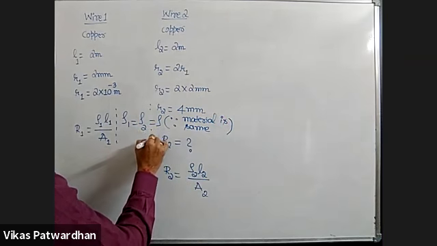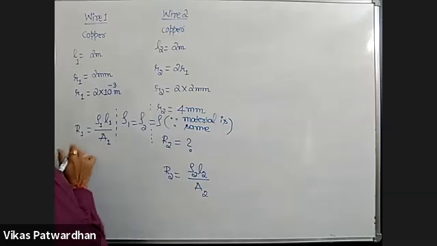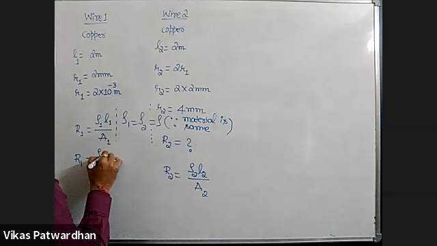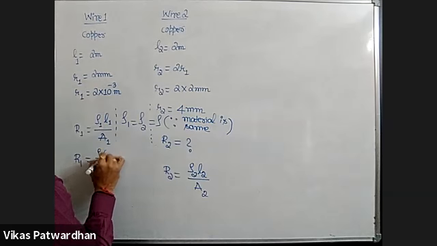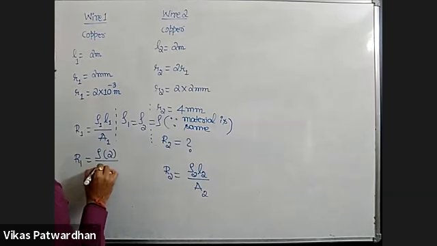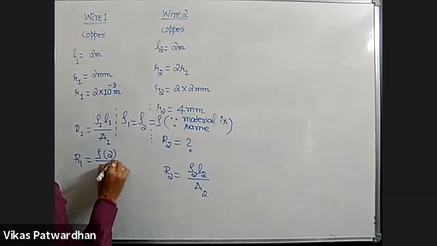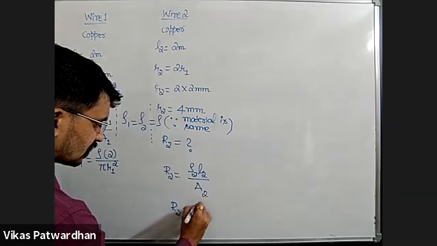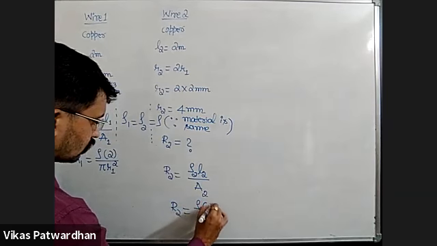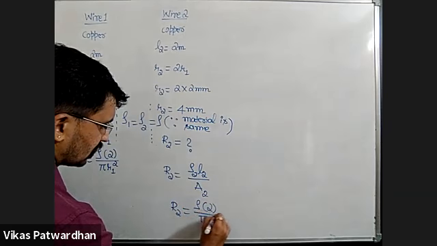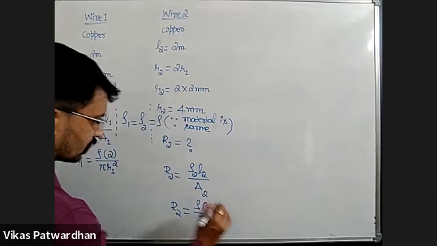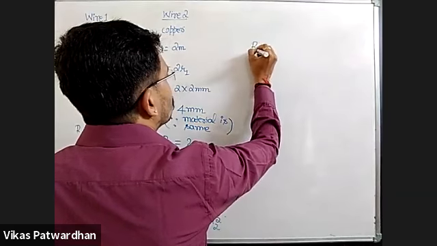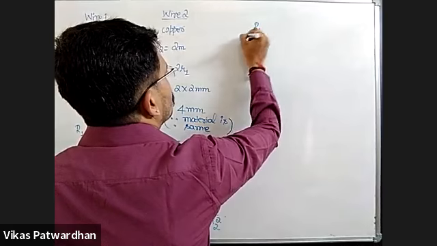Next, continuing further. What is our next continuation? Can I write R1 is equal to rho L1, and in place of L1 write 2, divided by A1, which is pi R1 square? Correct? Similarly, R2 is equal to rho 2 over pi R2 square. Now divide these two, R1 divided by R2.